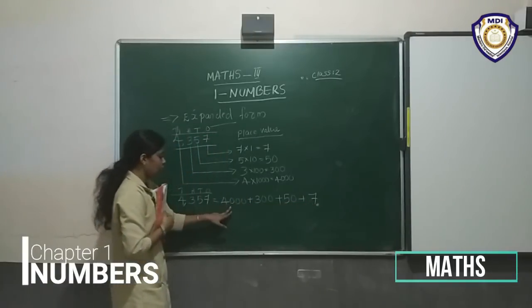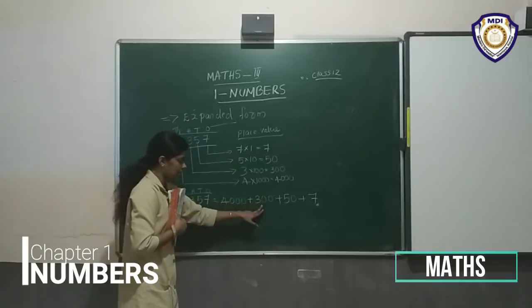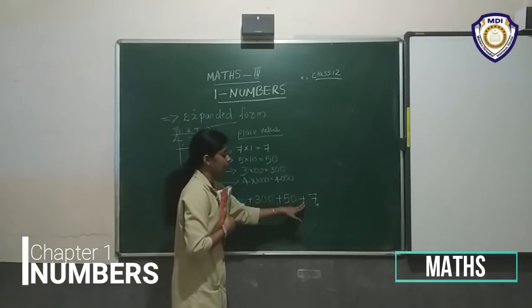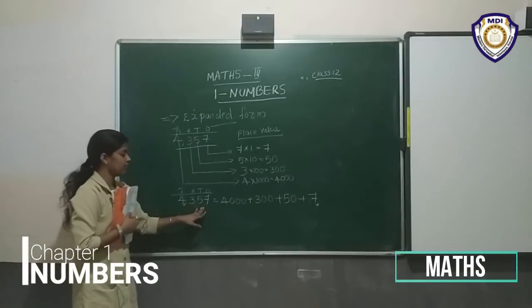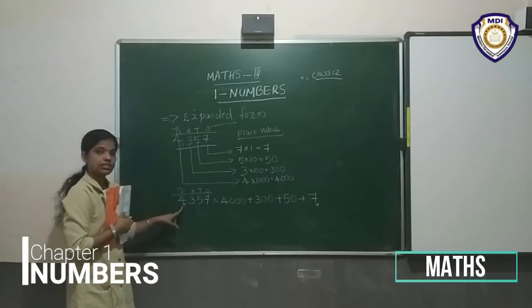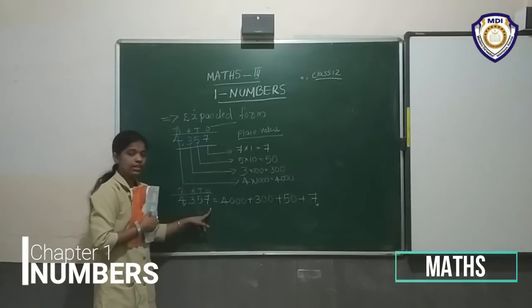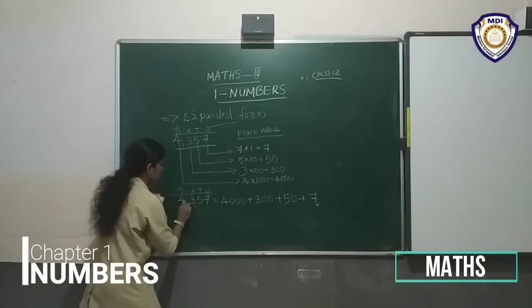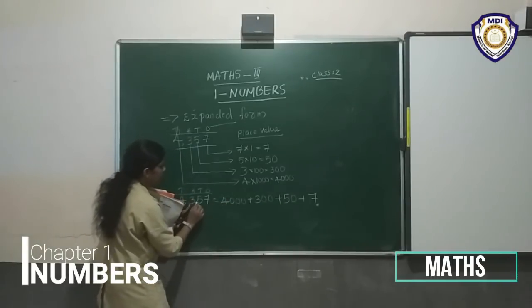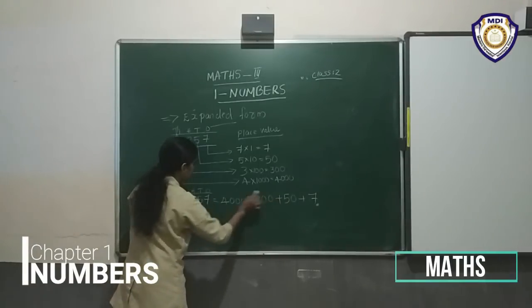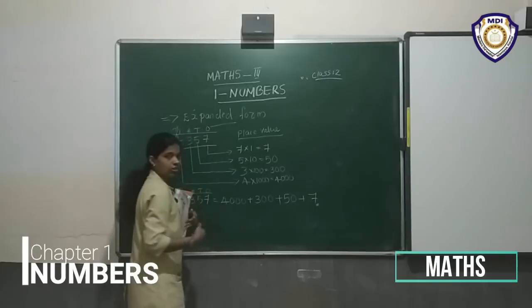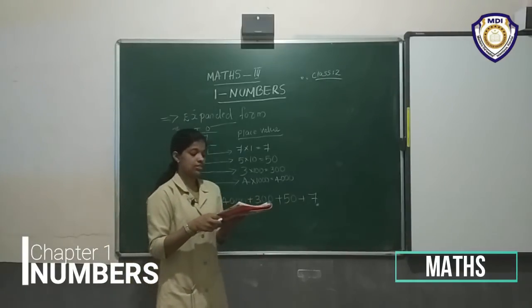How to read it? 4,357. Okay. Did you understand? Okay.